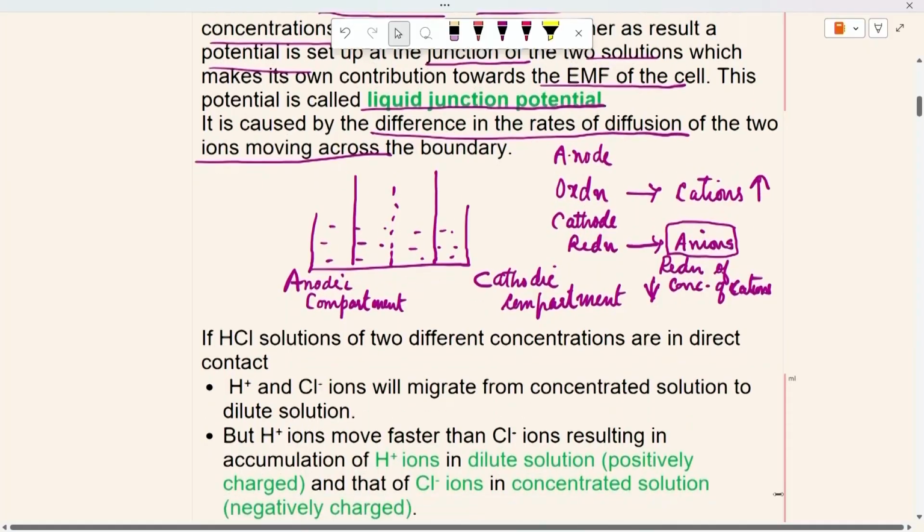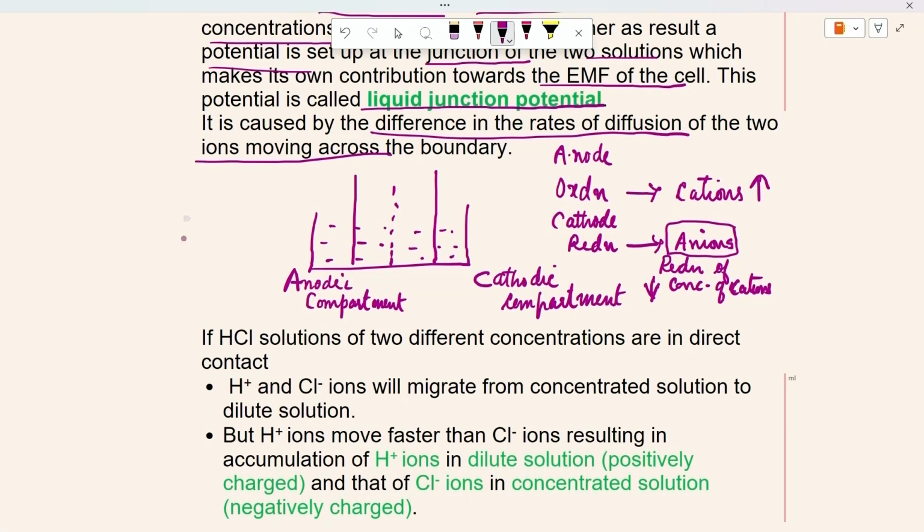Okay. Now, suppose I am taking HCl as the electrolyte. From the anode, HCl has a tendency to flow to the cathodic solution. At the same time, chloride ions have a tendency to move towards the anodic solution. This is what happens in the electrode reaction.